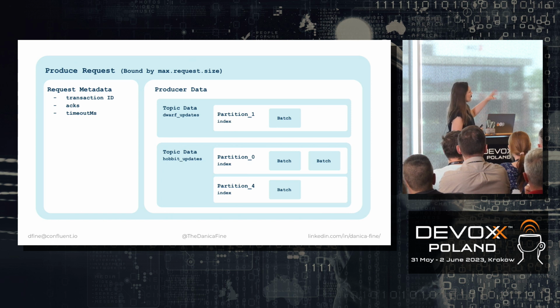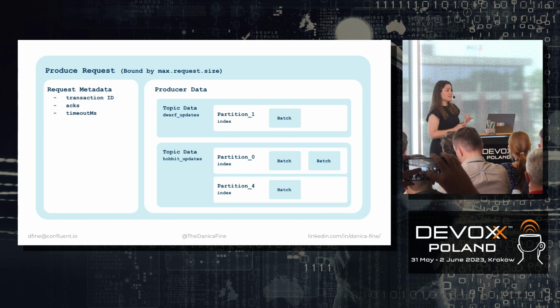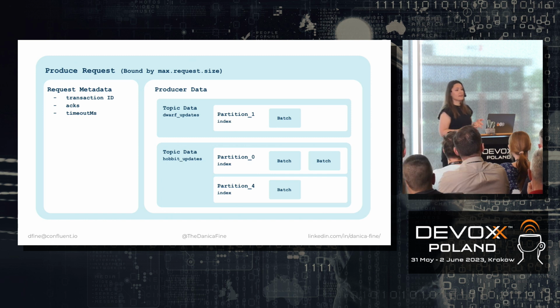So we have the whole request. It's bound by that max request size, right? There's some metadata that's sent along with every request. So we have the transactional ID, if that's something that we've enabled. We have whatever acks is for that producer, the timeout that we're using here as well, and then we have the data that we're shipping off. And remember, this is going to a single broker, okay? And that producer data could be for many different topics.